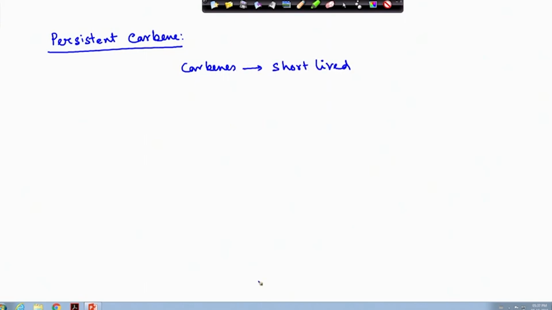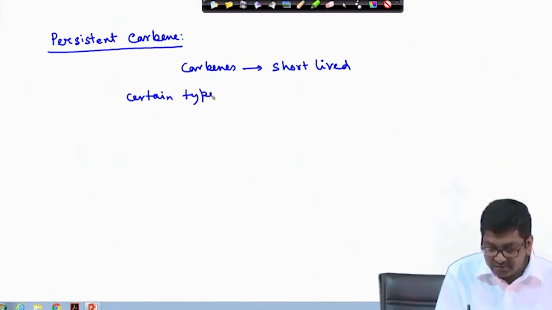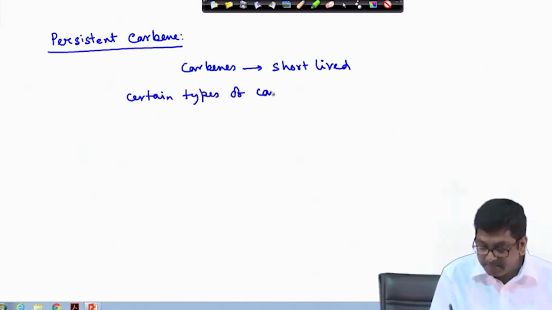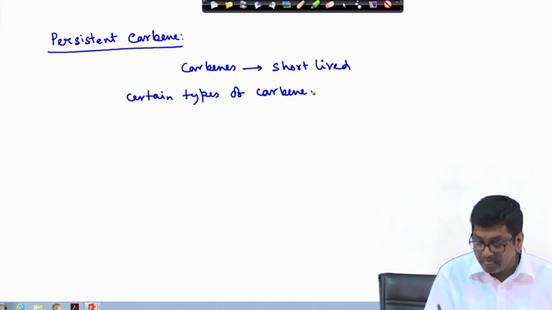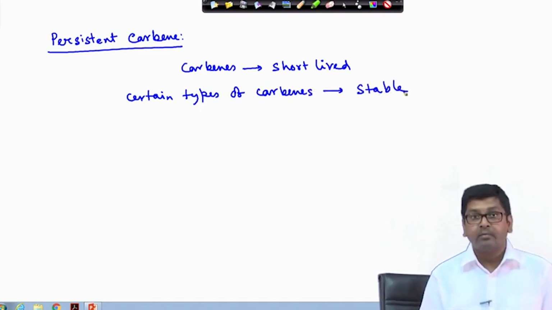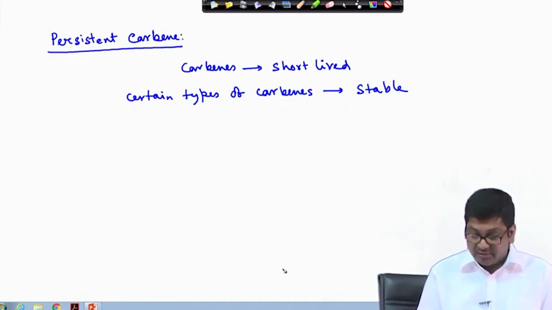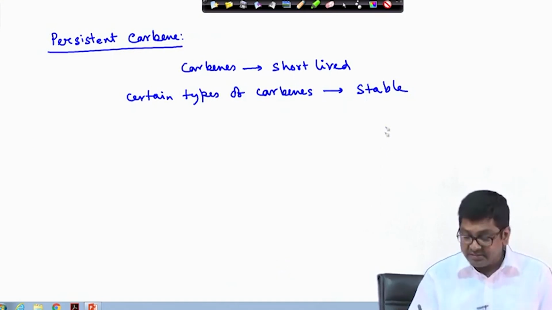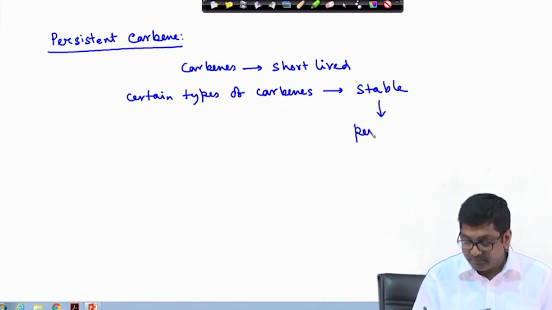Okay. Now, there are certain types of carbenes which are stable. Okay. These are called persistent carbenes.